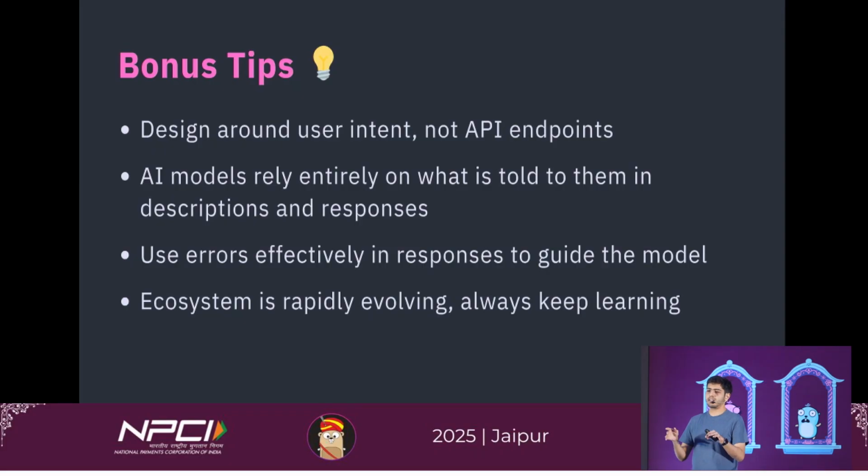So if I ask that this is not working, what can I do? It will know to help you. And similarly, whatever error your server returns is also very helpful for the LLM. So you are not only writing these things for the end user, you are also writing these things for an LLM.